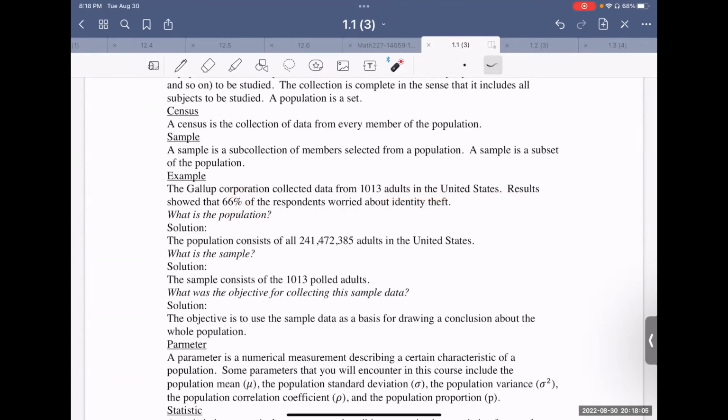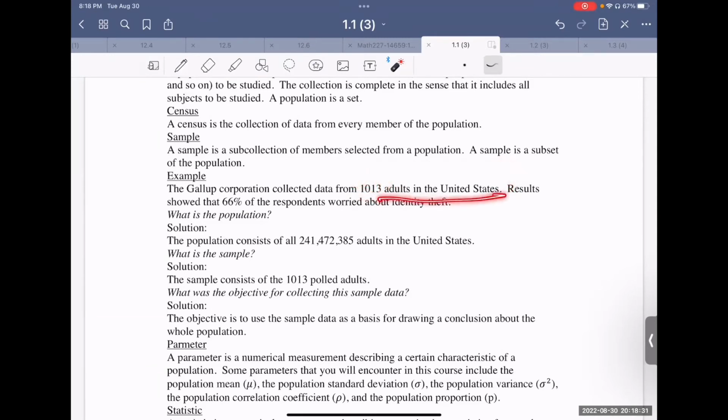And the way that we do that is that we collect sample data and use this sample data, these 1,000 adults, to draw some conclusion about the whole population. So we want to know something about the population. I don't really care about those 1,000 people. What I care about is all adults in the United States.